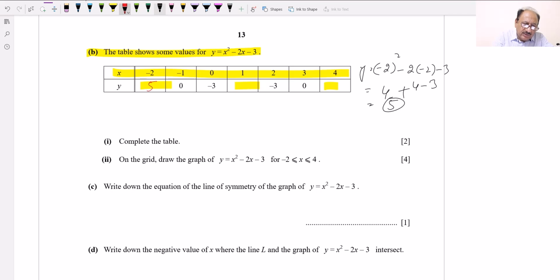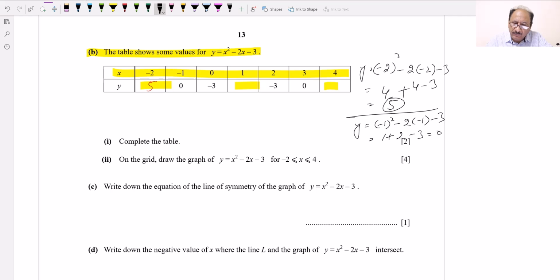And for the second value we have x is equal to -1, so (-1) square minus 2 into -1 and -3. This will be 1 plus 2 and -3, which is 3 minus 3.